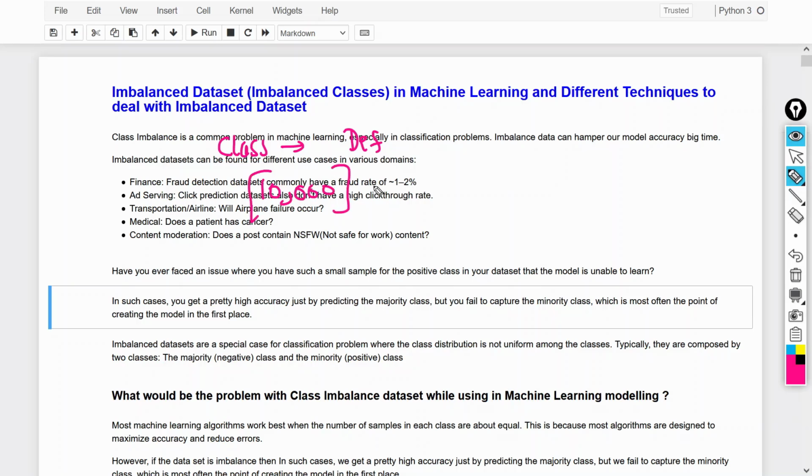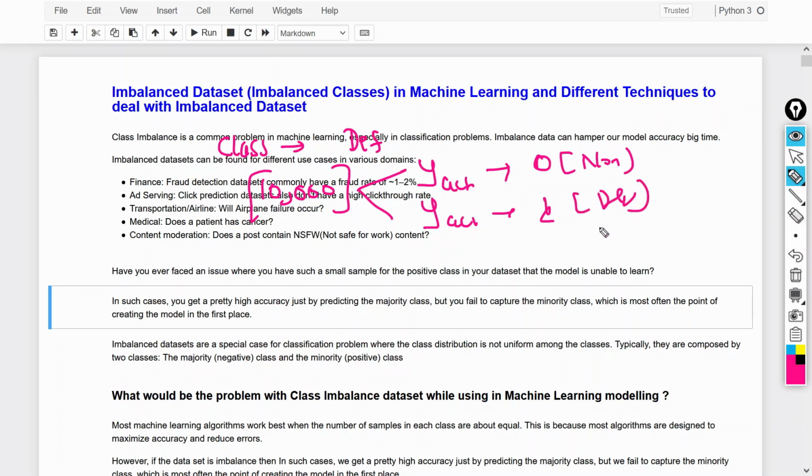In the 10,000 samples, when I check the actual output variable, I get two classes, 0 and 1. 0 means non-defaulters and 1 is the defaulters. For the non-defaulters I get 9,900 samples and for the defaulters I get only 100 samples.